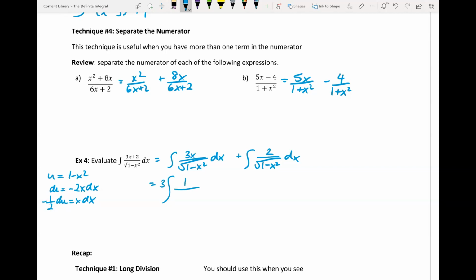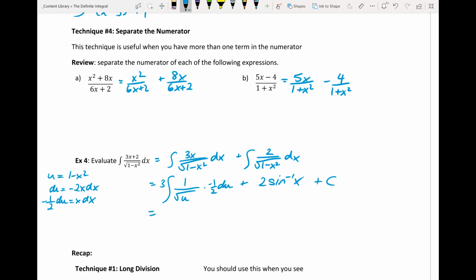I replace the 1 minus x squared with u. And then the x dx was replaced by negative 1/2 du. This one is just 2 sine inverse x after I take the integral of that one. And remember to add a constant because we have an indefinite integral.